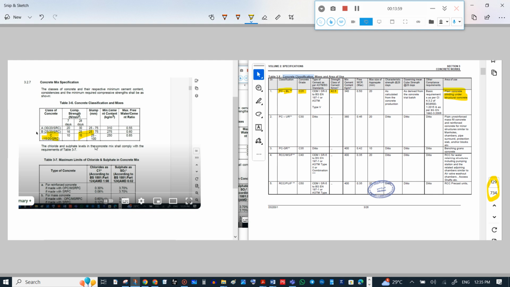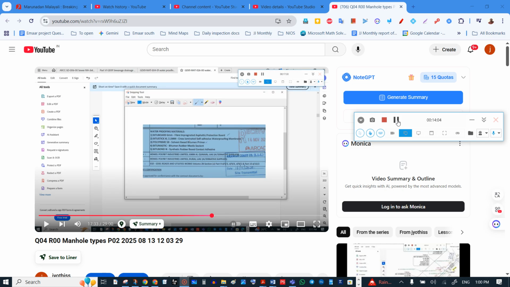Now we have to discuss the waterproofing. Waterproofing was already discussed in the previous video, Q04 R00 Manhole types, type 2, 17.33.